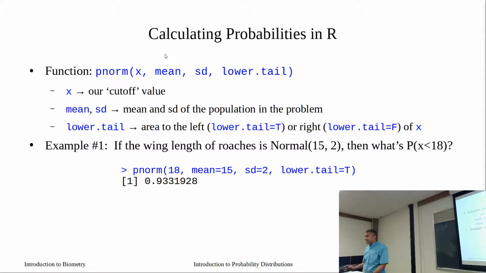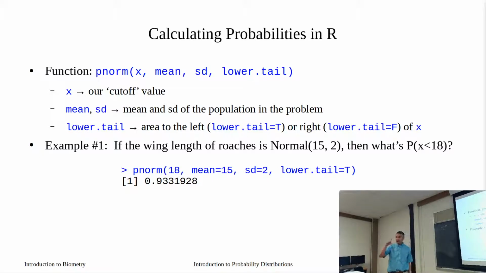All right, so how do we do it in R? It's actually pretty easy. The default for R is to assume a normal 0-1 distribution. And we calculate our probabilities by using pnorm. So this is different. For the discrete distributions, we use dbinom, dpois, to calculate a density.